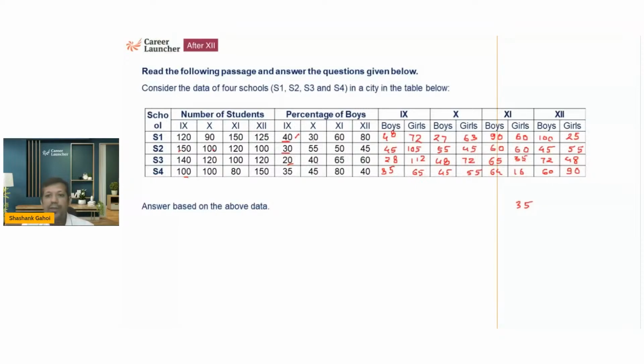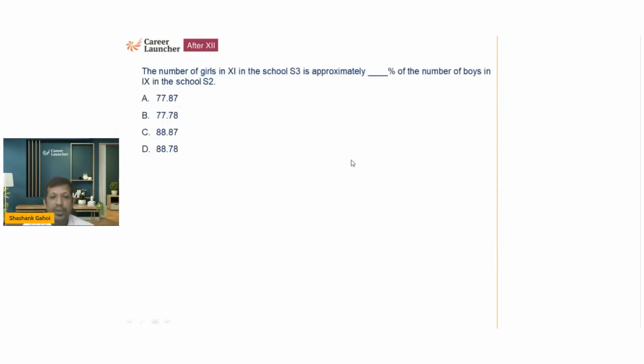So 35 is what percent of the boys in S2? So this is what it says, 35 upon 45 into 100. And this is what we need to figure out. So that is going to be 35 divided by 45 into 100. And I am going to say this is going to be 7, this is going to be 9. So 7 by 9 is going to be 77.77, or I would say 77.78%. That's going to be option B.